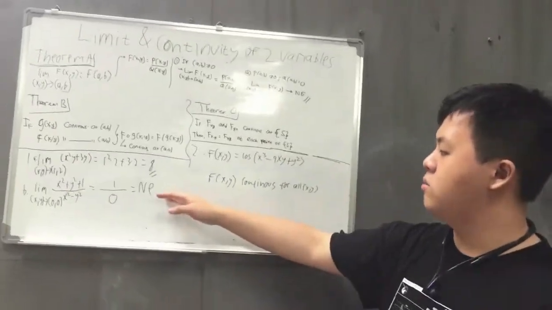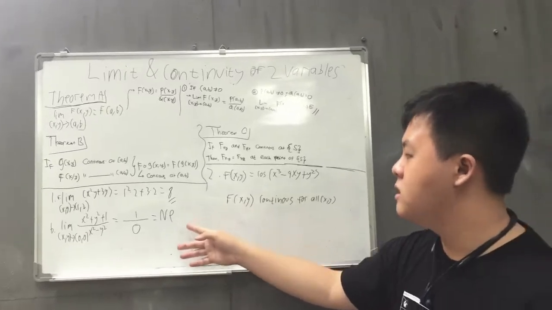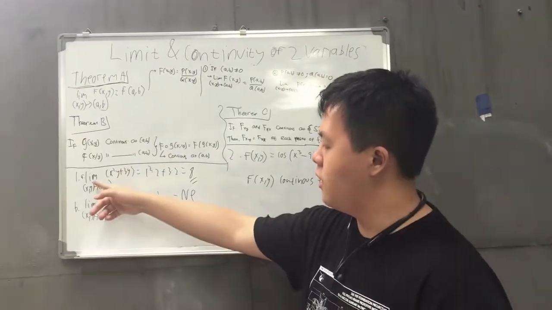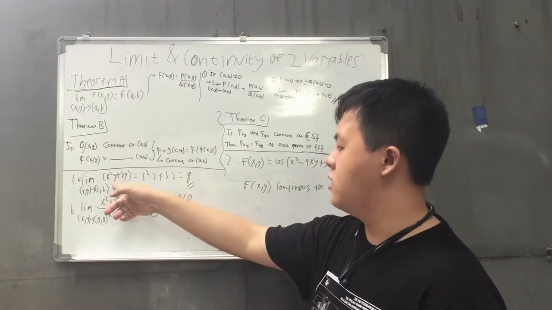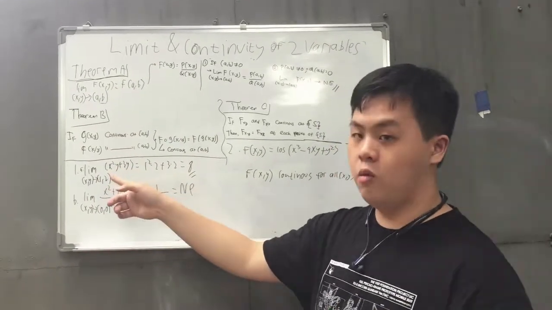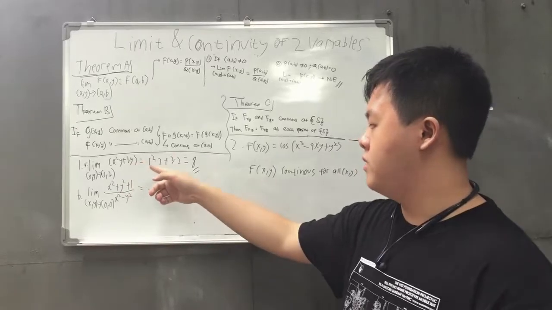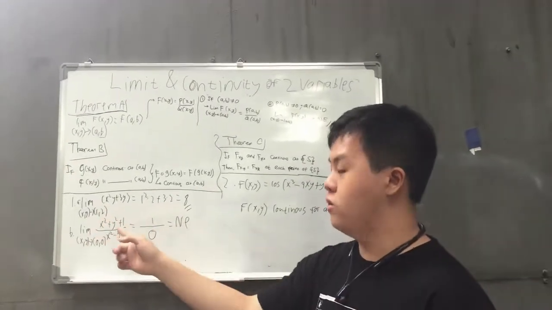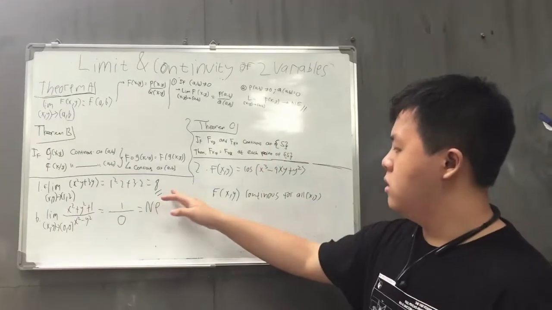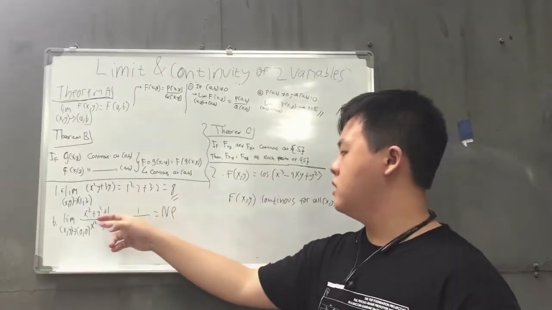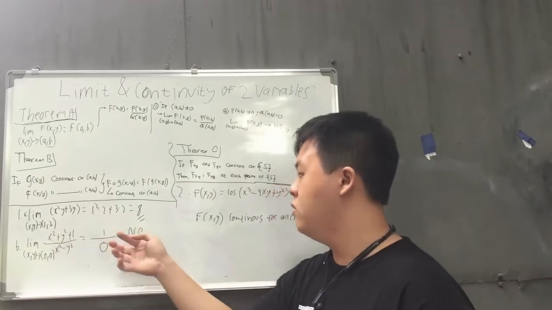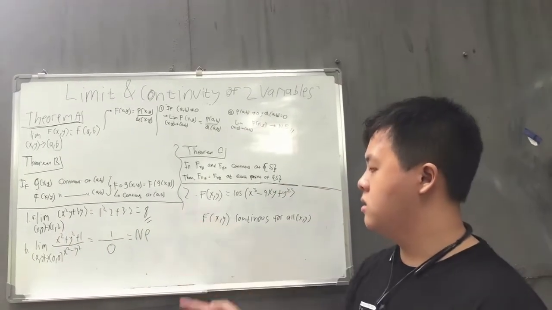And these are some examples. The first example is the limit of the function x squared y plus 3y as (x, y) goes to (1, 2). So we substitute x and y with 1 and 2 and it gives 8.